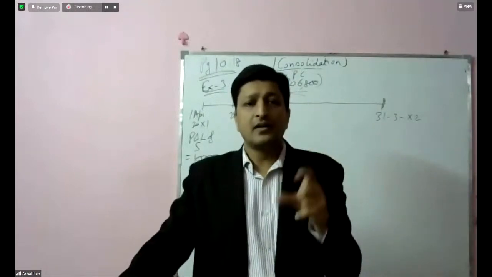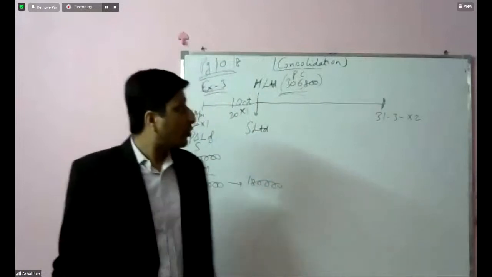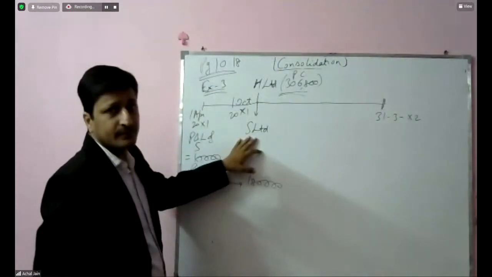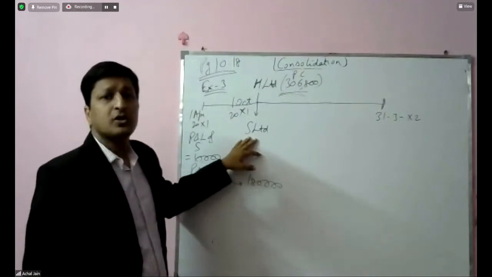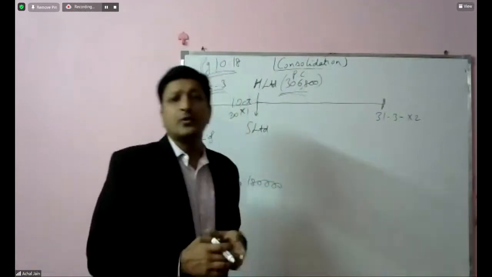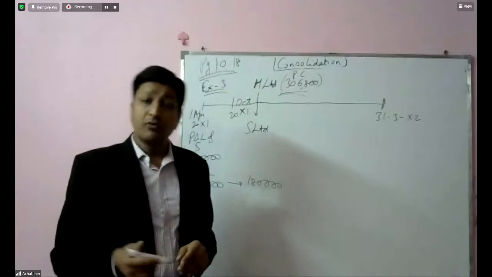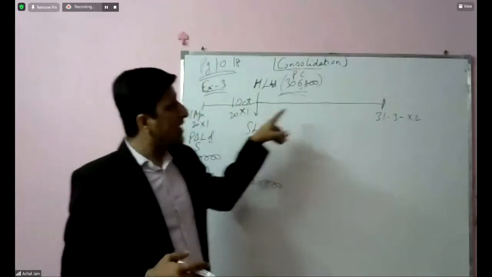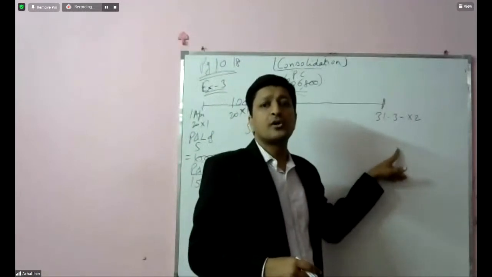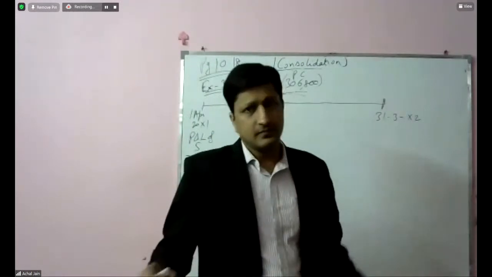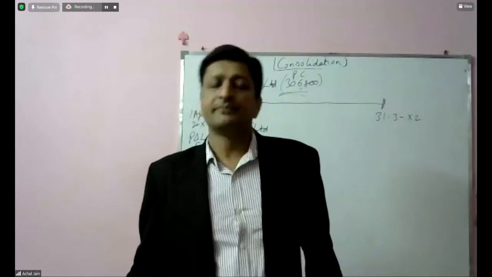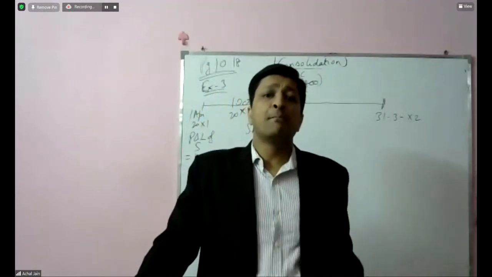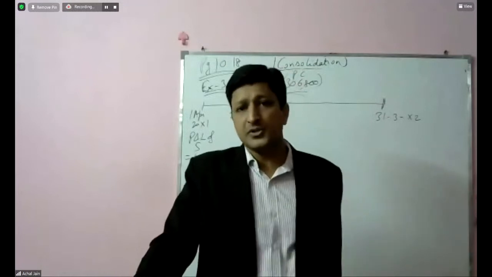So what would it mean? It would mean that on this date, the date of acquisition, we will be required to compute minority interest. We will also be required to compute goodwill or capital reserve. And both these things will have to be recomputed on this date. Correct? Clear on this? Okay. So let's understand the impact of revaluation of plant and machinery.